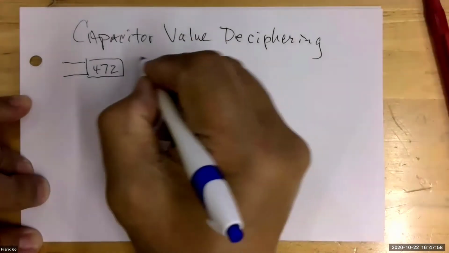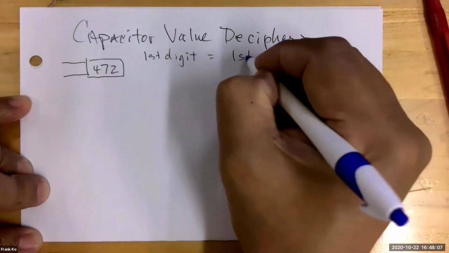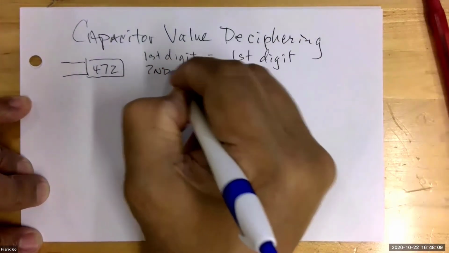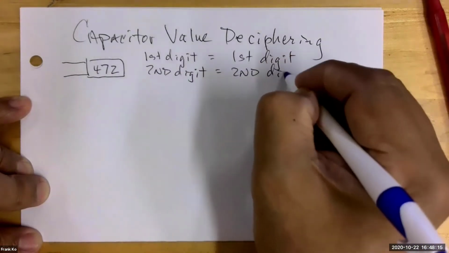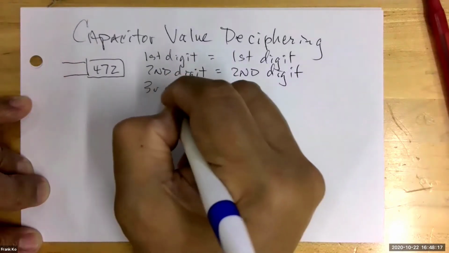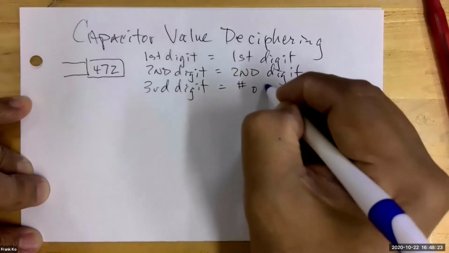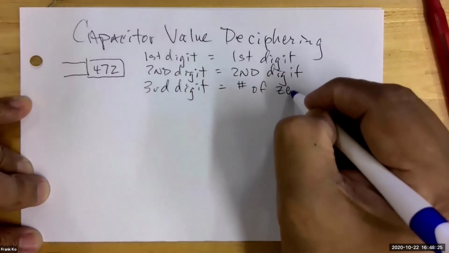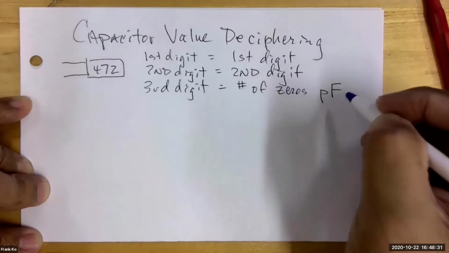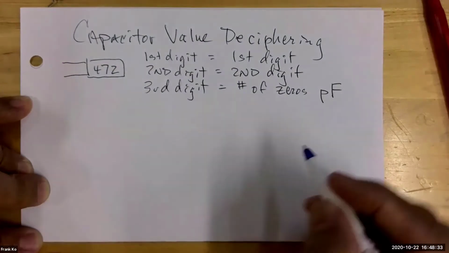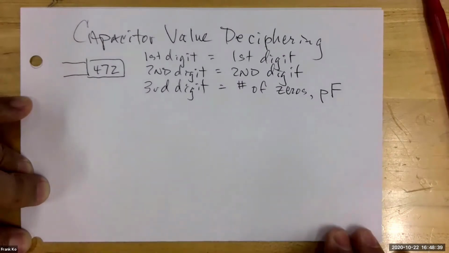Given that, first digit equals first digit, second digit equals second digit, third digit equals number of zeros, and then followed by pF. Okay, number of zeros, comma, pF. And I'll show you what I mean.